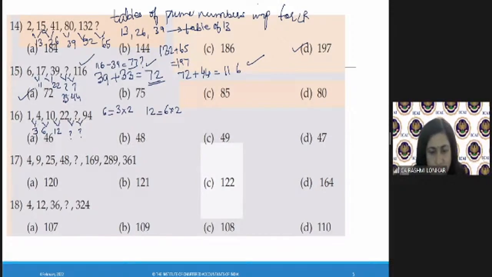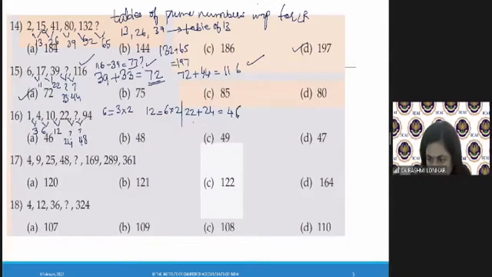So 6 is double of 3, 12 is double of 6. So what will this be? This difference should be 24 because 12 twos are 24, 22 twos are 48. So let us check. 22 plus 24. How much is that? 46. This is 46.